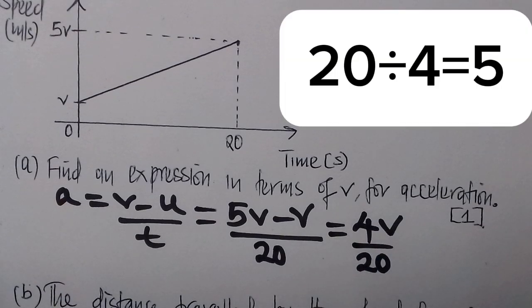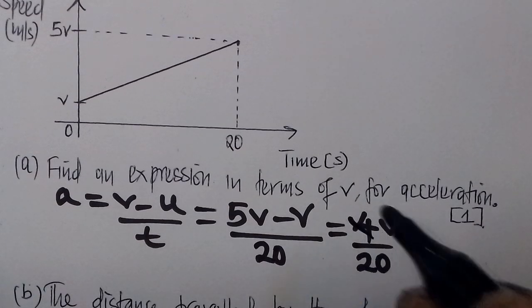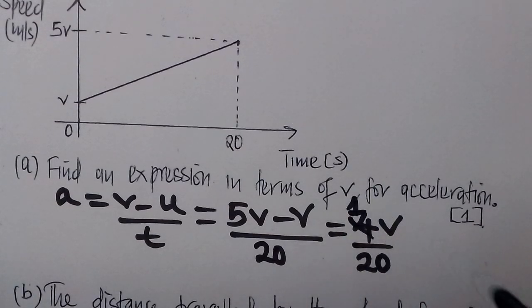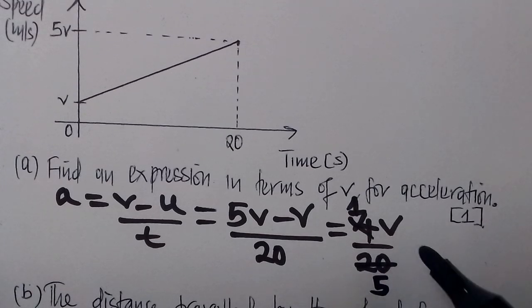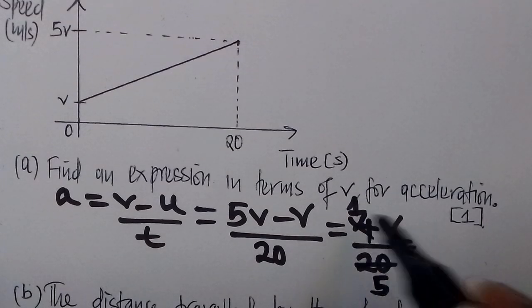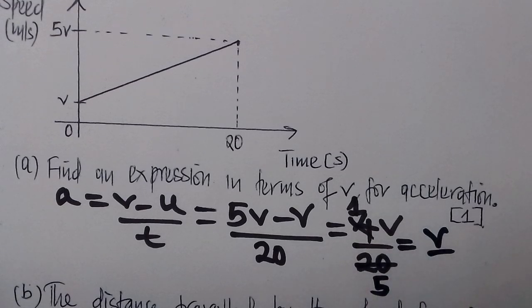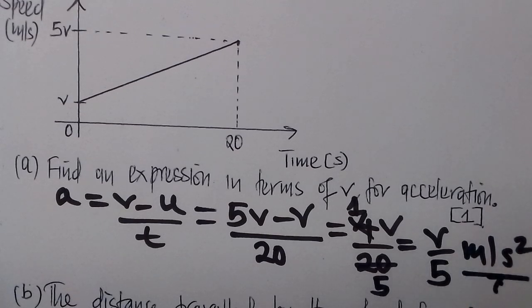There's a number that can go into 4 and 20, which is 4. 4 into 4 gives 1, and 4 into 20 gives 5. So we are working with 1 times v, which is just v over 5. Then the units, meters per second squared. So that's what we get for acceleration in terms of v.